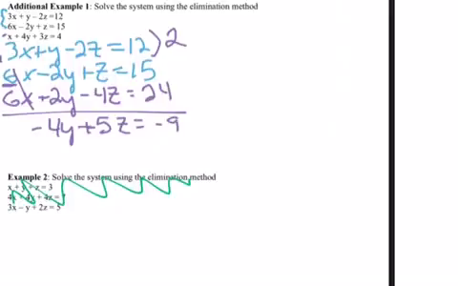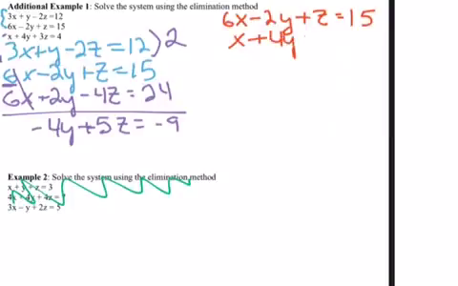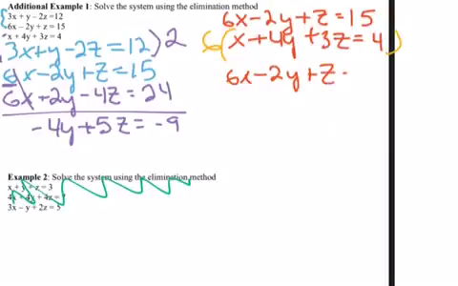Now I'm going to do the same thing with the second and the third equations. And I see that I can multiply the bottom one by 6 to get the x's again to cancel out. So I'm just going to rewrite the top one, 6x minus 2y plus z equals 15.